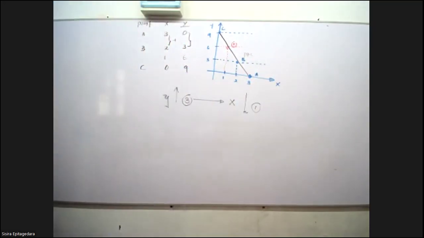Is that clear? The best way is to draw the PPC curve. Now my question is, PPC is linear. Tell me, what is the opportunity cost represented by this PPC curve? The curve is a straight line.